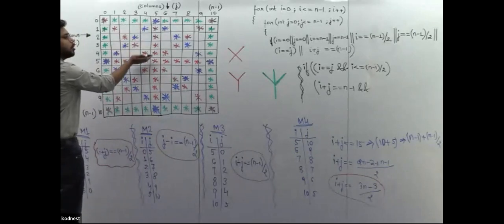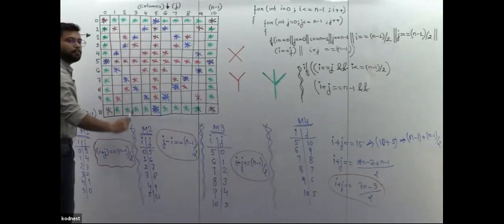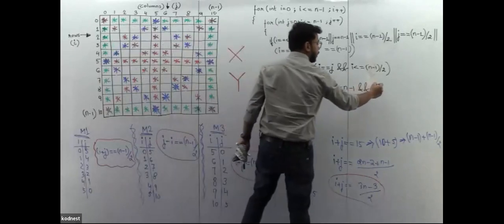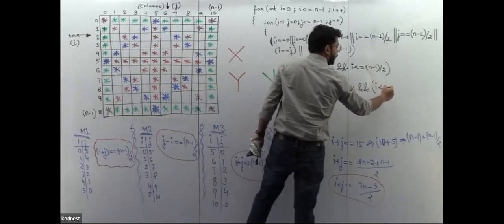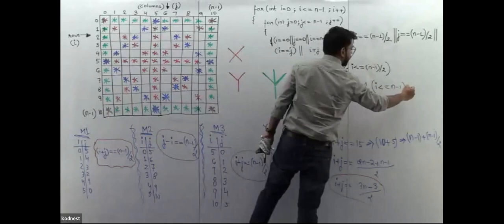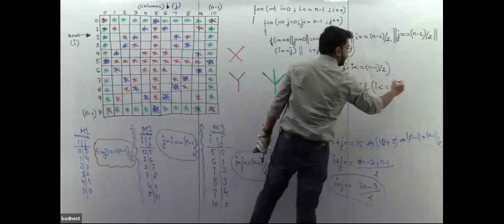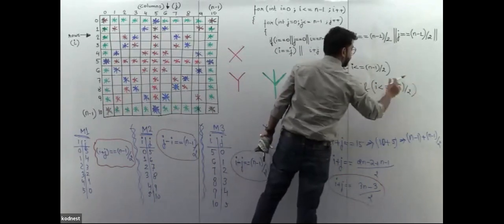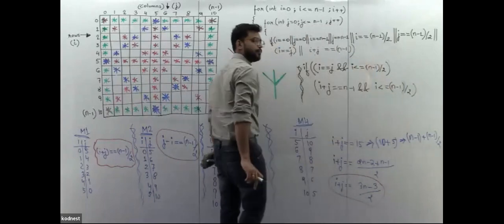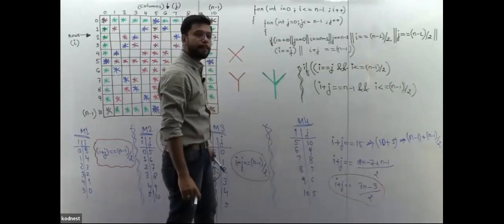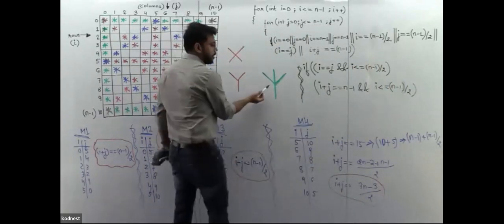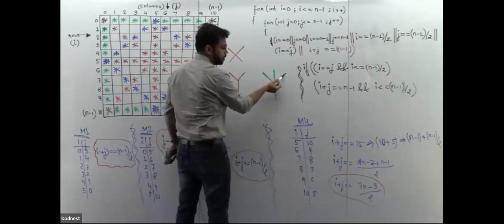Before i is equal to 5, I have to print it. So I will write and i less than or equal to (n minus 1) divided by 2. This condition I will mention.